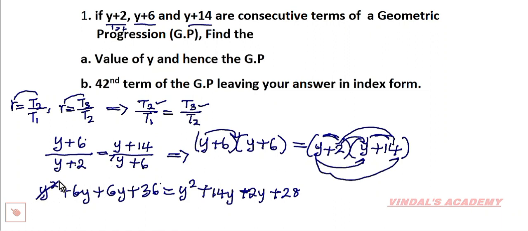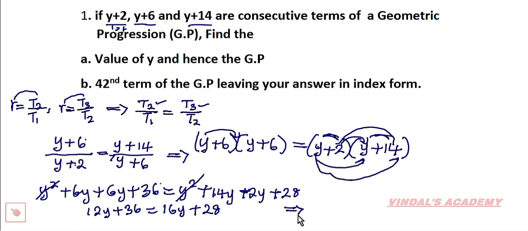So I'm going to cancel y squared on both sides, because if I carry minus y squared to the left side of the equation, they will still cancel themselves. So this is going to be 12y plus 36, and this is equal to 16y plus 28.